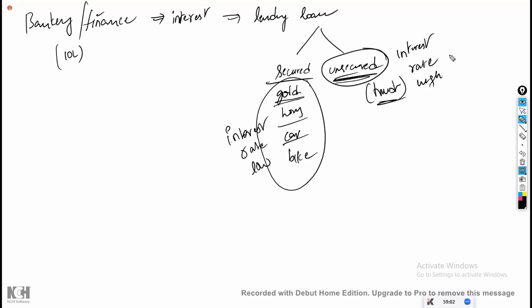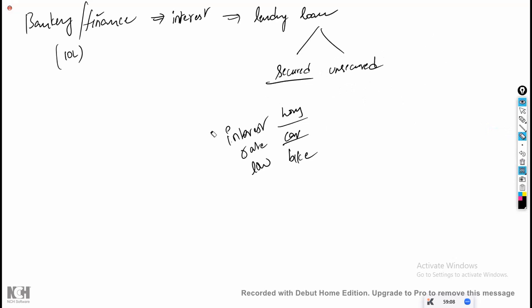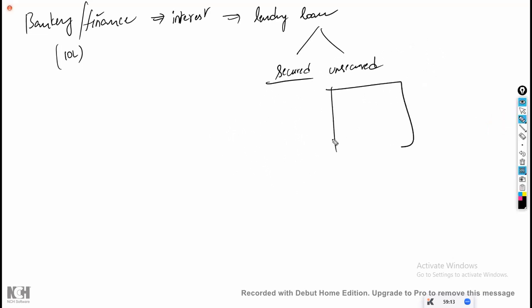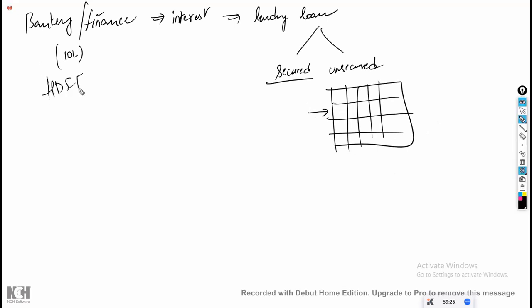Right? Now, for these unsecured loans the interest rate will be very high. They are going to take the application form, and in the application form they take all your details. Once they have taken all your details, this is your data. Let us take this example with HDFC Bank, already more than 10 years old.